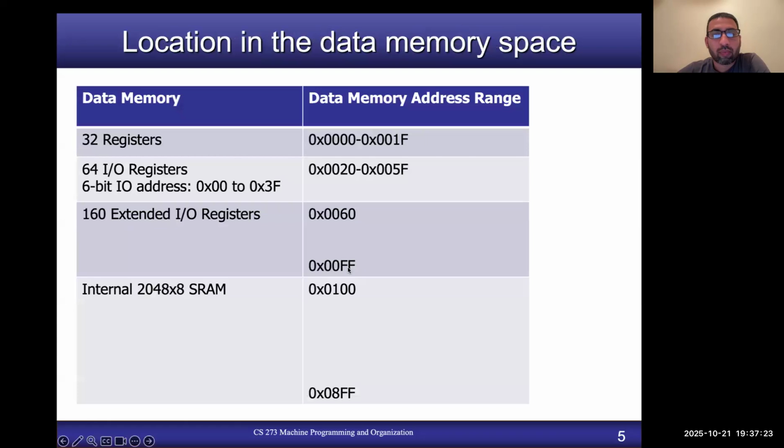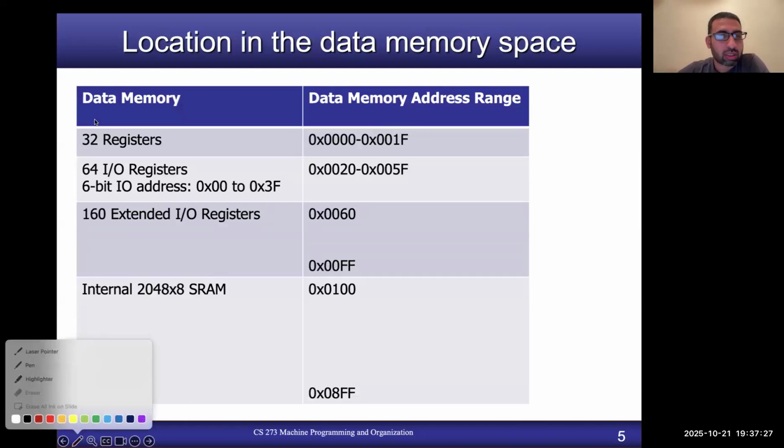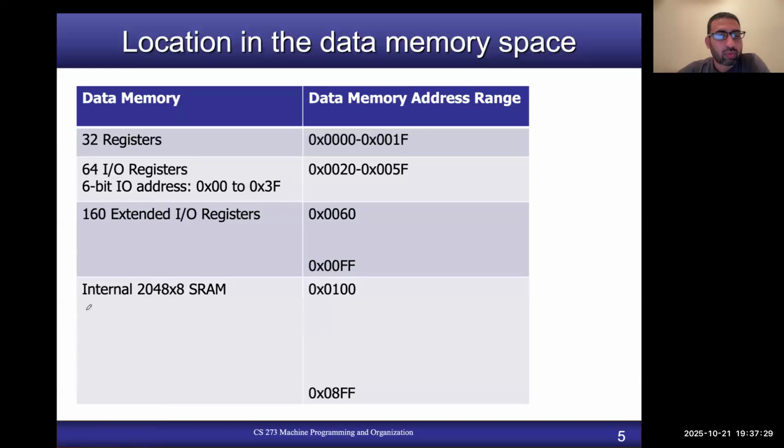Just to visualize what I said, if we look at the memory map of the AVR microcontroller, the first 32 register addresses are occupied by the 32 registers, and then we have the IO address range from 0x0020 to 0x005F, and then we have 160 extended IO registers, and after that internal SRAM.